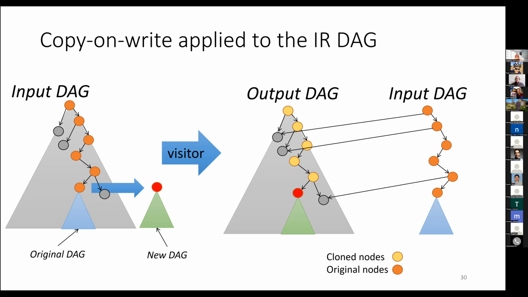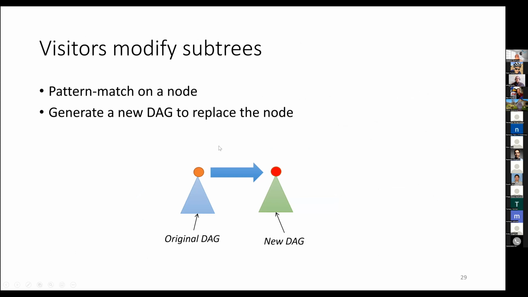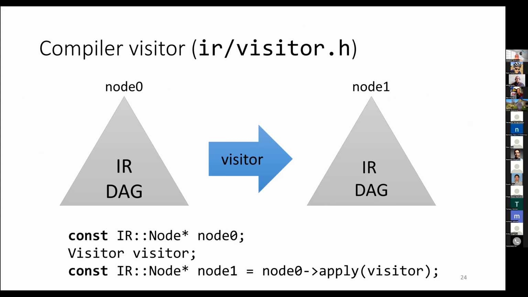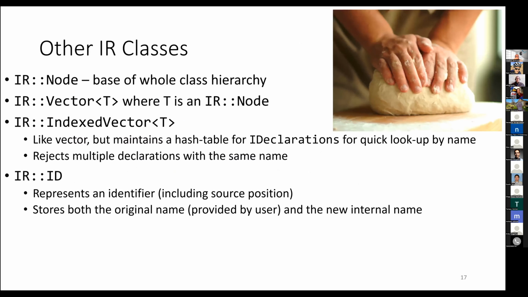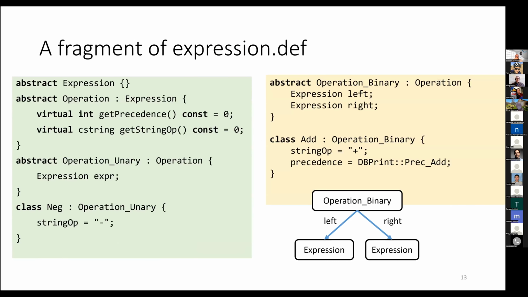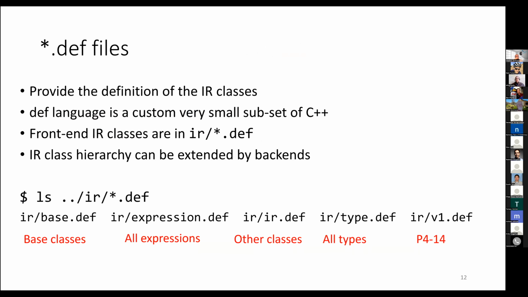Well, so first of all, if you want to add new types of nodes to the IR, then essentially you just have to create a new def file or edit the existing ones. So the def files are the ones I showed here, but we have several backends that have their own def files. So you just list those def files, and these new IR node types will appear in your IR class hierarchy.